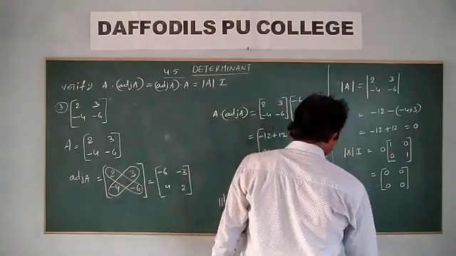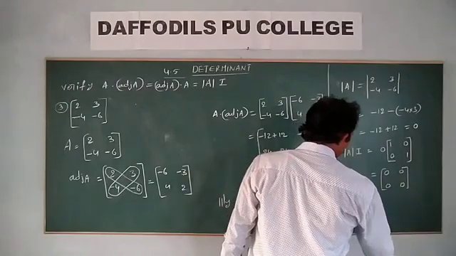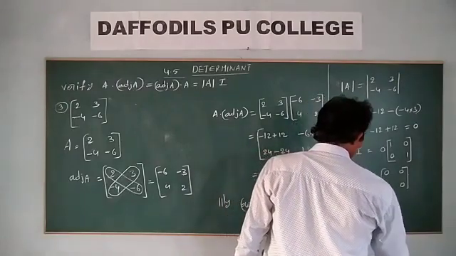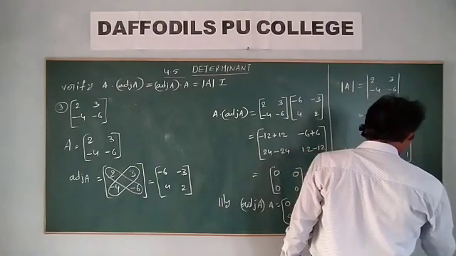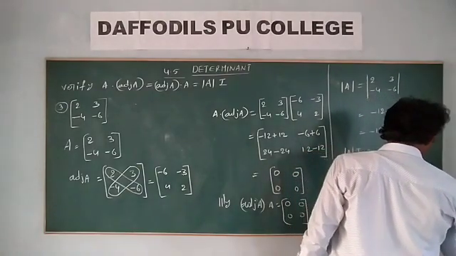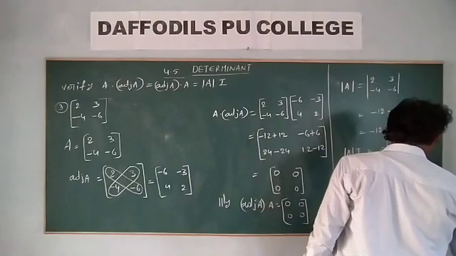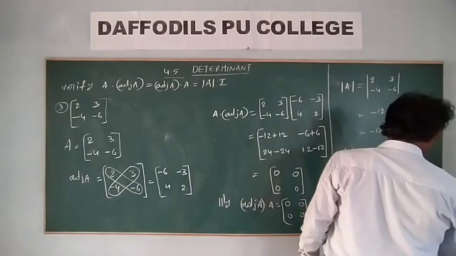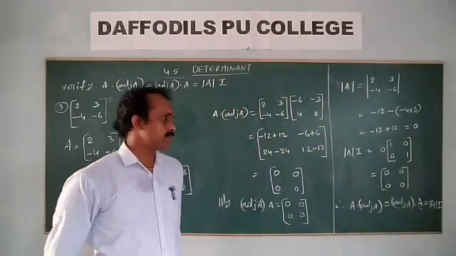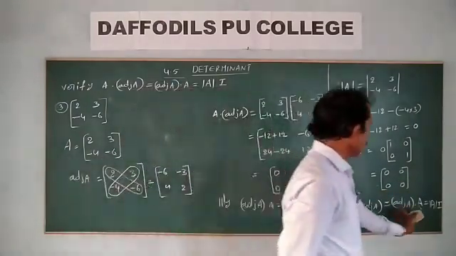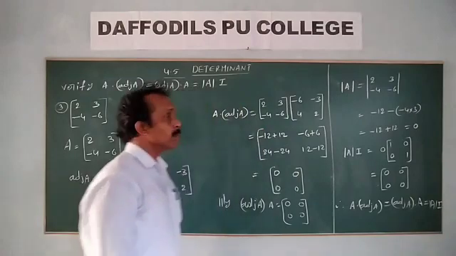Therefore A into adjoint A is equal to adjoint A into A is equal to det A into I. So that is the verification for the 2 by 2 matrix.